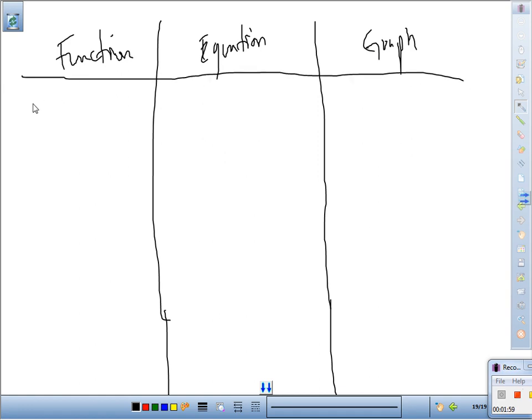All right. First one, linear function. What does that look like? y equals x. Did we have one of those last night? Yeah, it was in one of the systems. What's another way of writing it? f of x equals x.